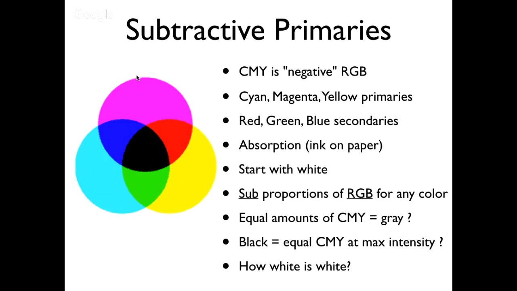As you start to add ink to that, the ink starts absorbing light, and you do not get that part back. So as you get darker and darker, less light is being reflected back. Also, you change the proportions of CMY, which changes the color that is reflected to you, and that's why you see different colors.